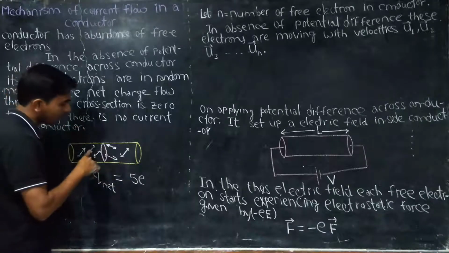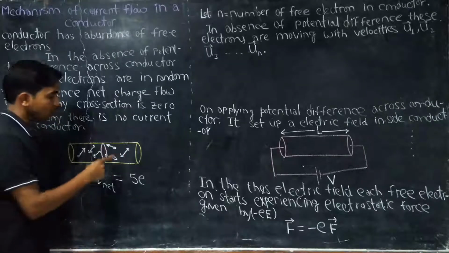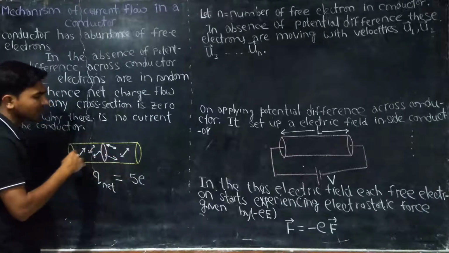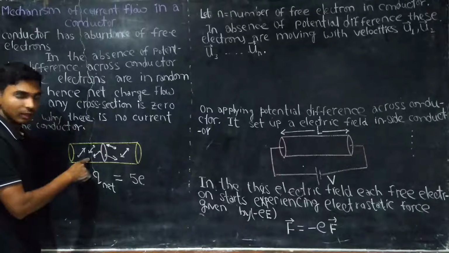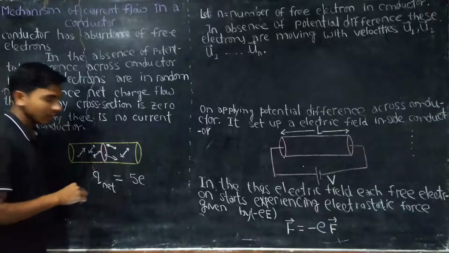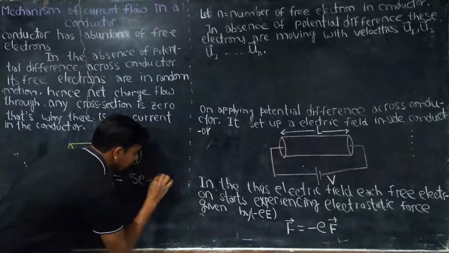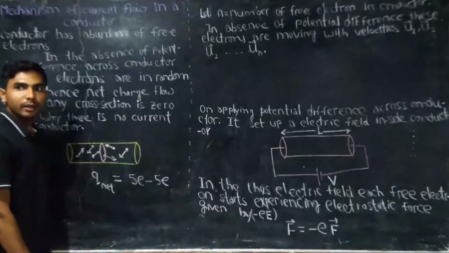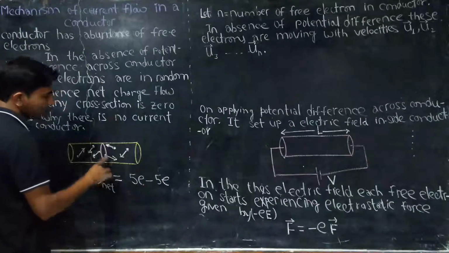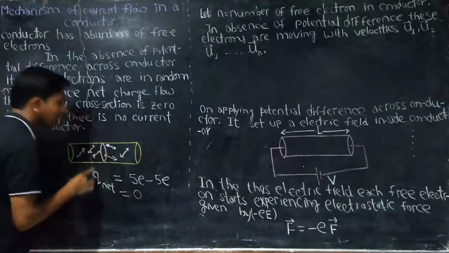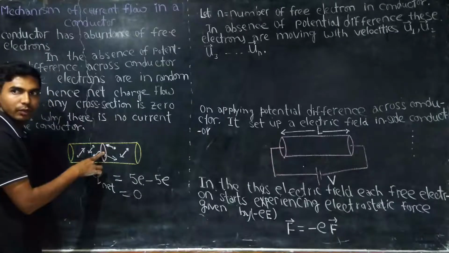If I take this side as positive, the other side will be negative, so that charge will be 5e. Now you can see the net charge crossing will be 0.